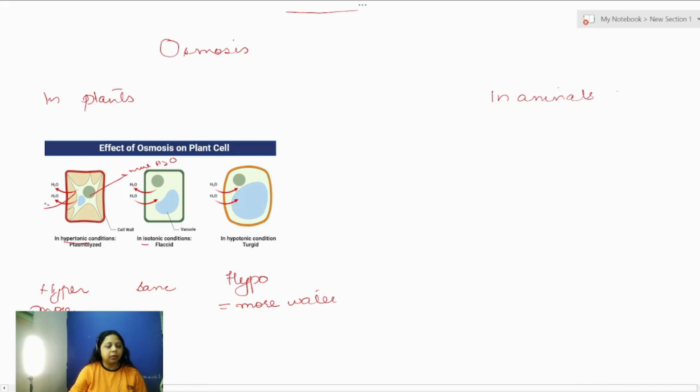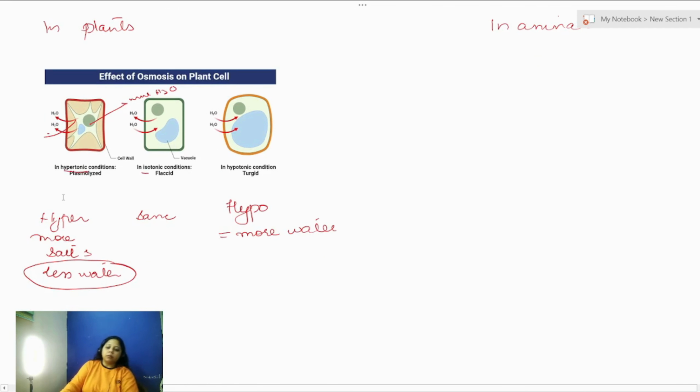Inside is high, outside is low. Osmosis is from high concentration to low concentration. That's why the cytoplasm shrinks. Now look at this diagram, the cytoplasm is shrinking.